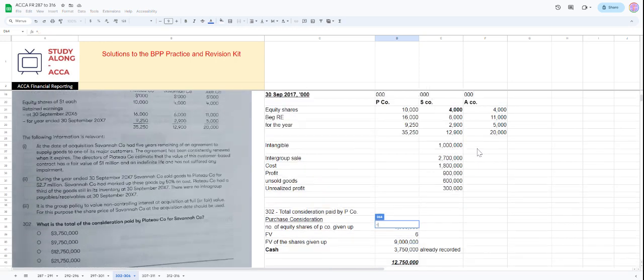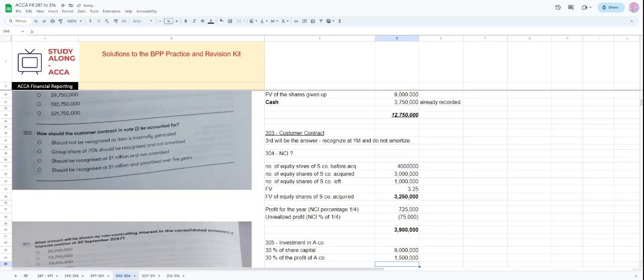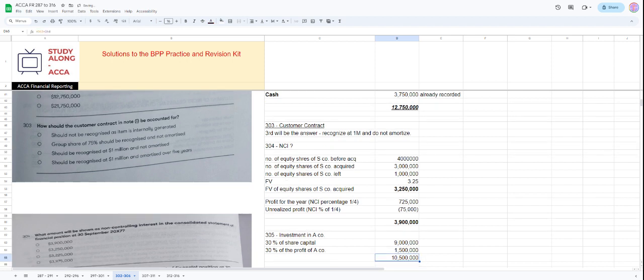So this retained earnings for the year is 500,000 and we'll multiply it by 1,000 to make it into million, and then we will multiply it by the ownership percentage of 30%. Okay, so it is 1.5 million. So the answer will be 10.5 million. Okay, and then the last question in this series is 306.